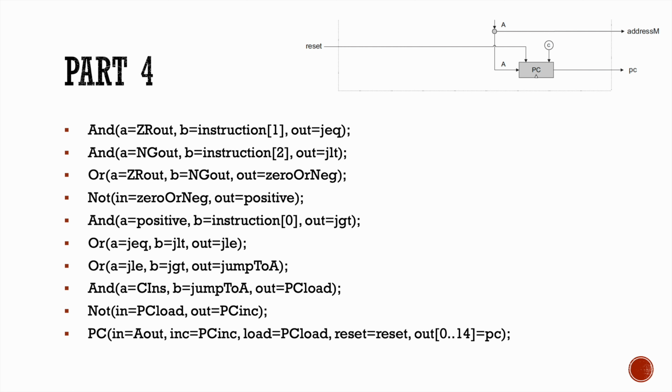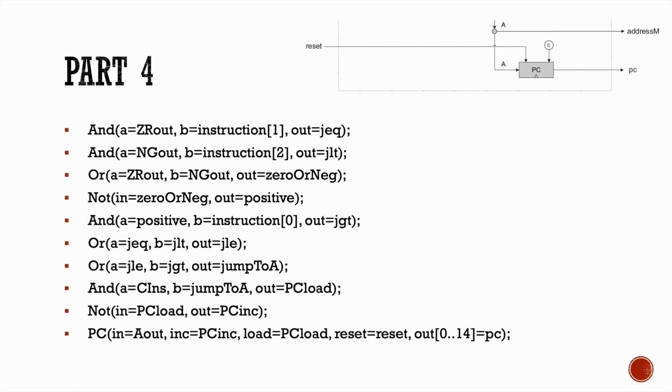So for example, if the instruction is a C instruction and the conditions are met, the program counter will load the value that will ask the CPU to jump to the specific value or symbol. But if the PC is not loaded, then the PC is incremented, and by that it means moving on to the next instruction.